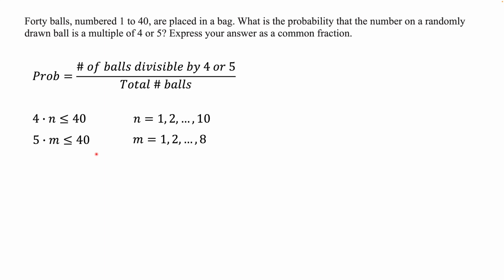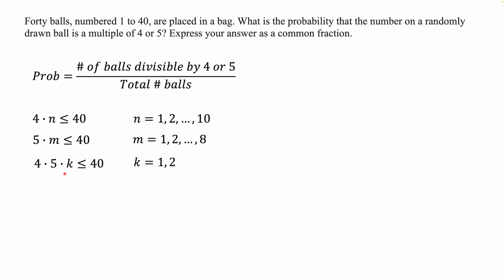So the next step we need to figure out is what those numbers are, or how many of them, right? If we're talking about numbers that are divisible by both 4 and 5, such numbers can be represented as 4 times 5 times k, where k is an integer. And this number is between 1 and 40. There are exactly 2 numbers like that, number 20 and number 40.